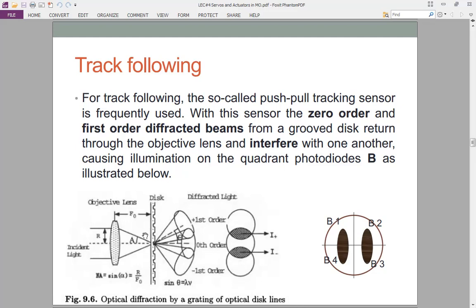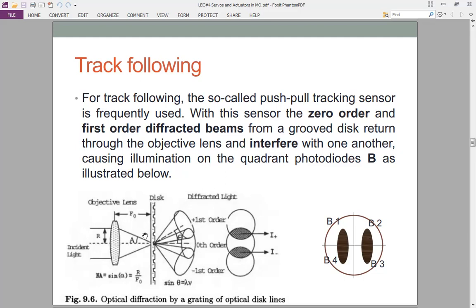Now, because the disc has grooves along the perimeter of the track, when a laser beam is directed onto those grooves, it is diffracted. And diffraction brings about several orders of diffraction. We have zero order diffraction, we have first order, second, and so forth.